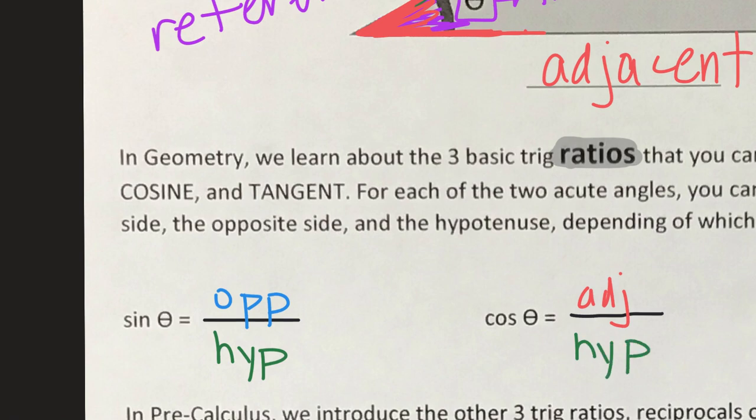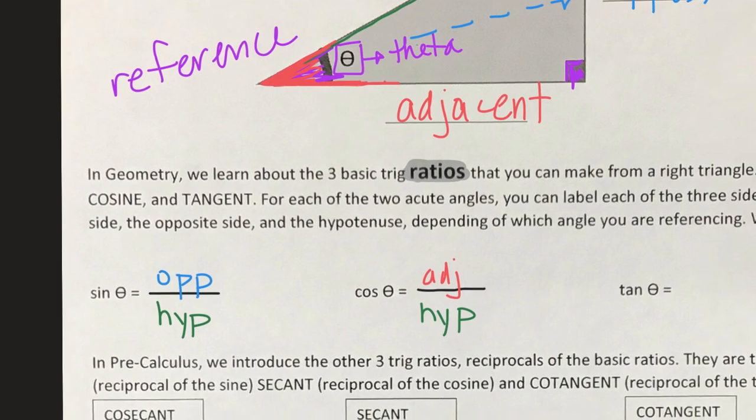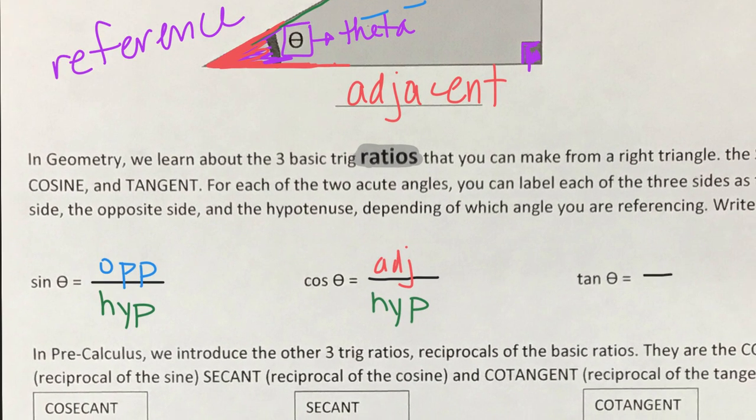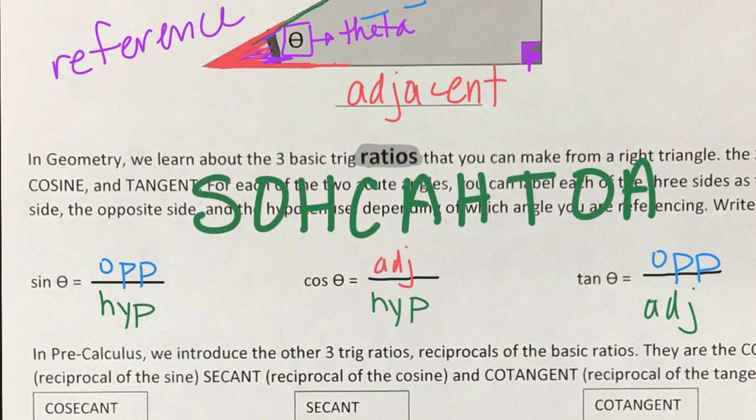So the cosine is the adjacent over the hypotenuse. And our last trig ratio from geometry, the tangent, is a comparison of the opposite side over the adjacent side. You should commit these ratios to memory because we will use them over and over and over.